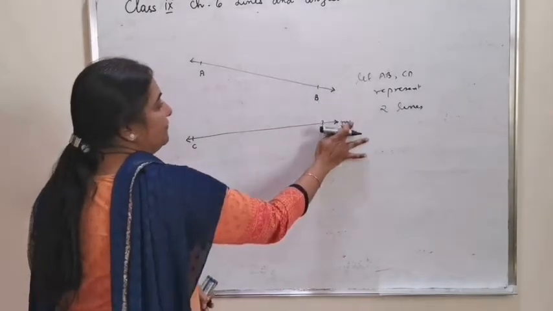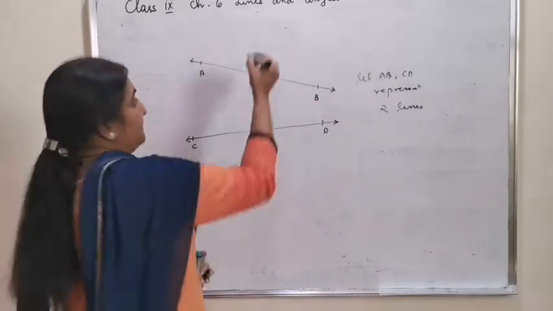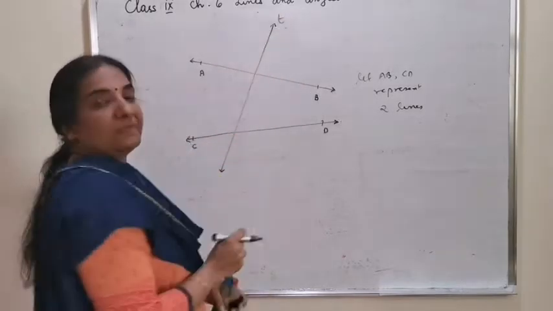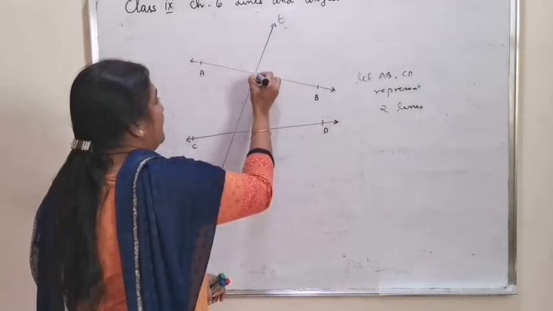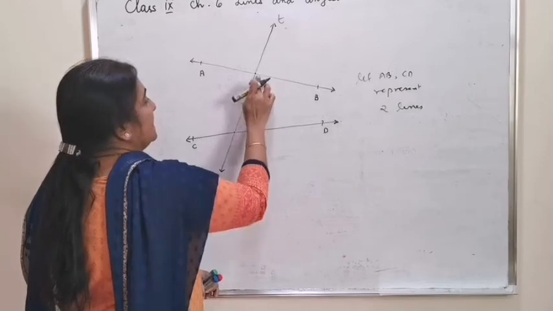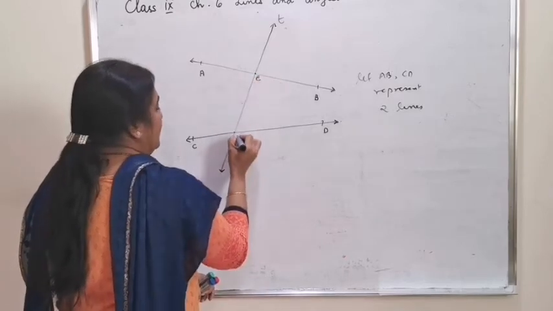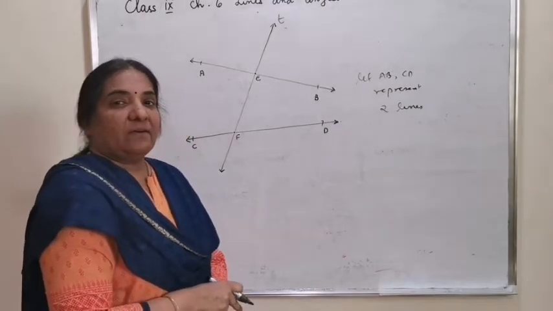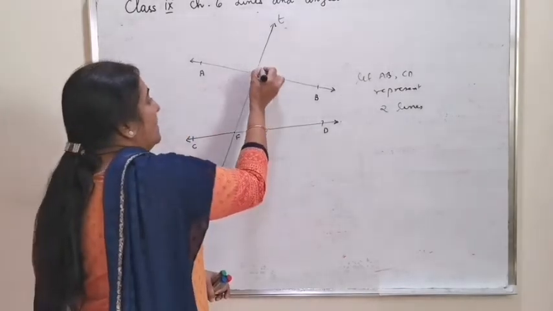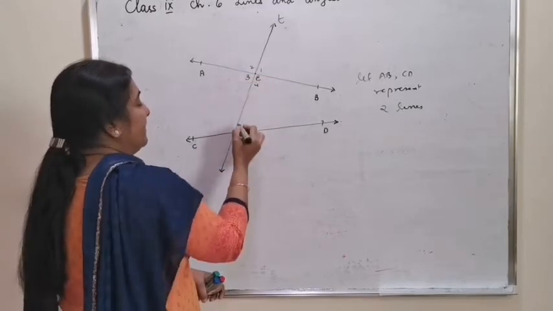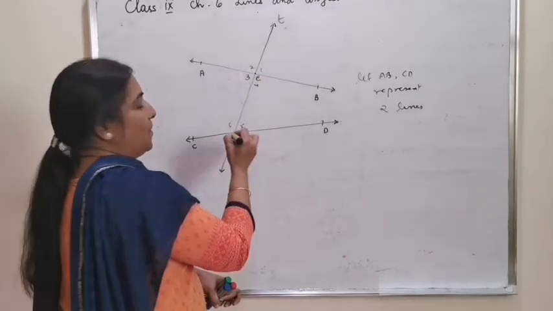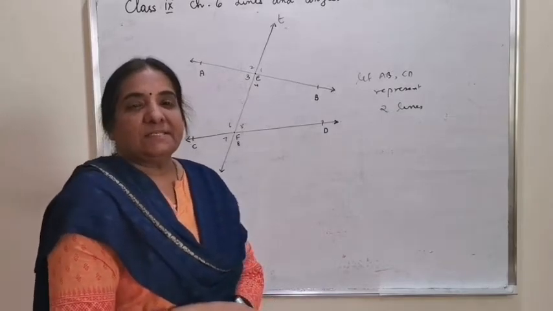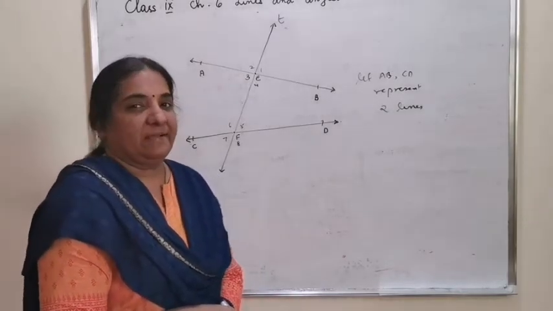Then, if another line T intersects the given lines at the points E and F, you can see here there are angles formed at each of these points and they represent certain pairs of angles.